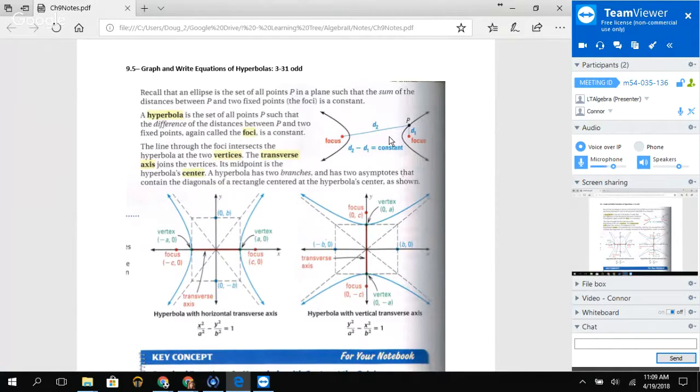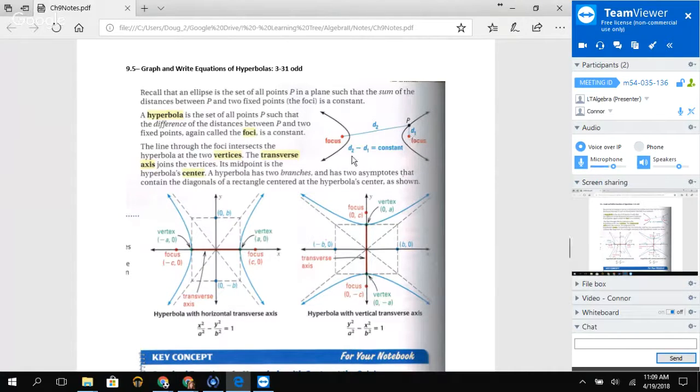There's a lot of the same terminology and the same feeling that you'll get from parabolas and ellipses when you get to hyperbolas. So the first thing to understand with hyperbolas is that we also have focus points, or the foci, that means the two points. But what's different: remember in an ellipse, if we added the distance from the first focus point to the ellipse and the distance from the second, it was a constant.